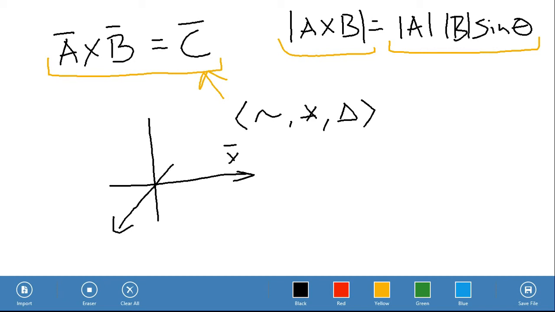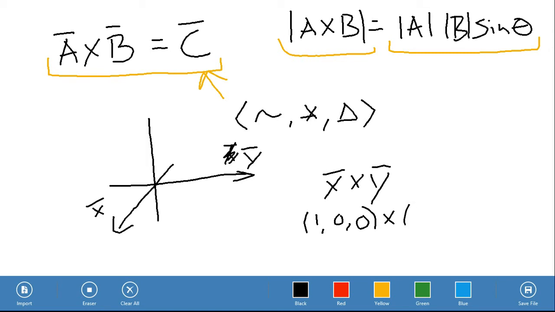Actually, I think I got those backwards. This is y, sorry, this is x. And we want to know what x cross y is, where x is just 1, 0, 0, crossed with y, which is just 0, 1, 0.